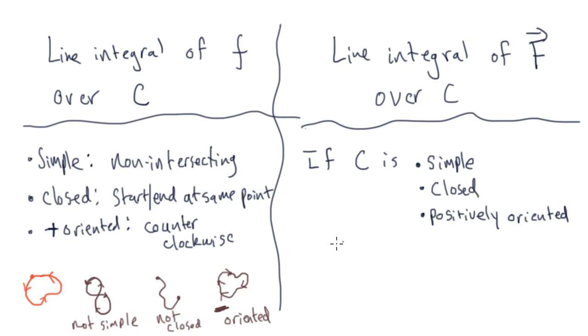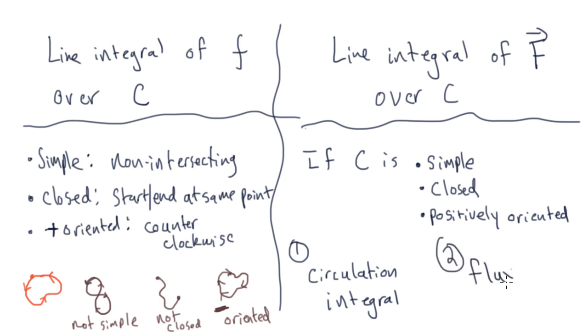Okay. So if C is a simple closed, positively oriented curve, then we actually get two subcases. We get what's called a circulation integral, and then we get what's called a flux integral. We're going to spend a little bit of time talking about what both of these are.